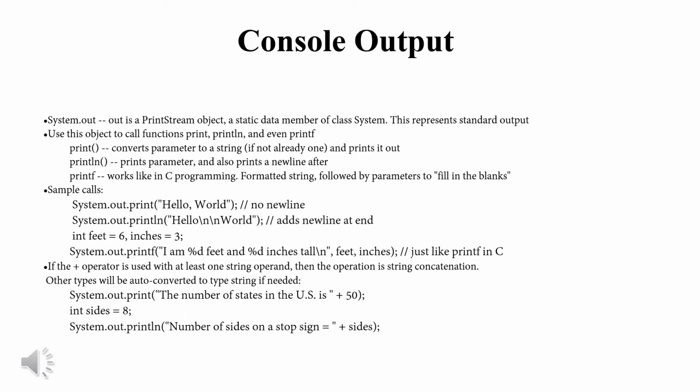But if after plus you write the name of a variable, then it works differently. For example, what we have here, System.out.println, number of sides on a stop sign, then plus sides. So sides here is a variable, right?